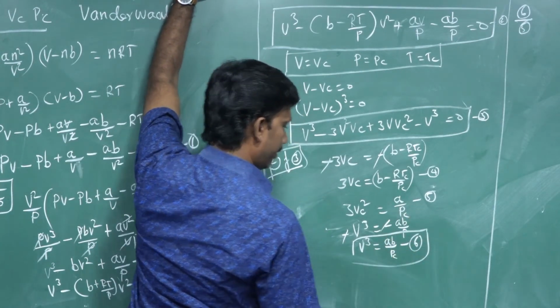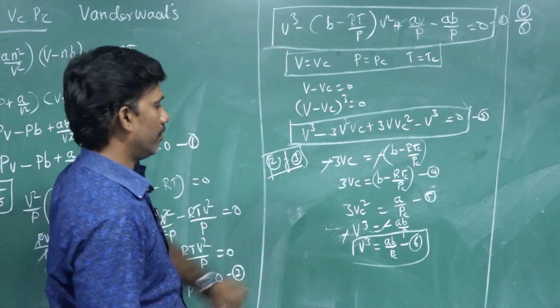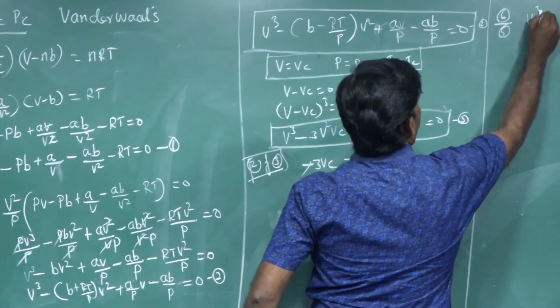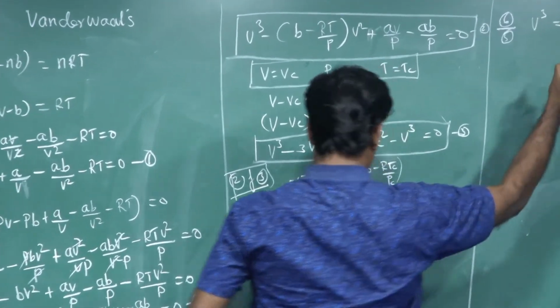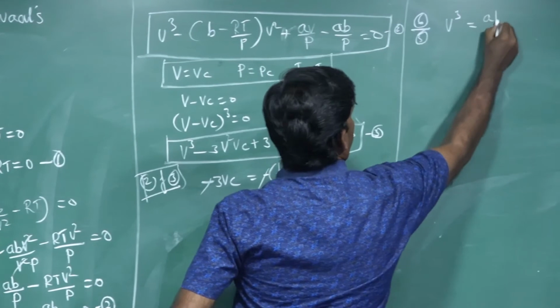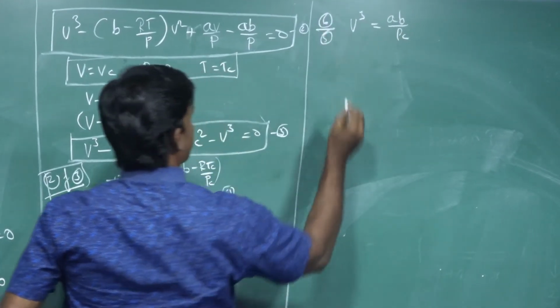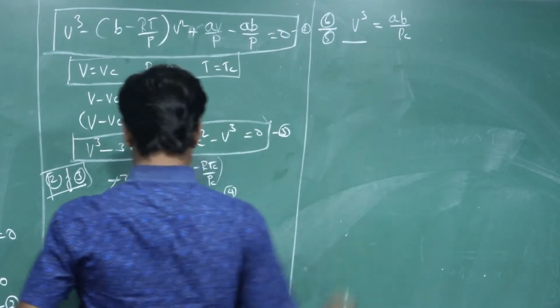Then, if you apply it, Vc equal to AB by PC. This is equation number 6 divided by equation number 5.